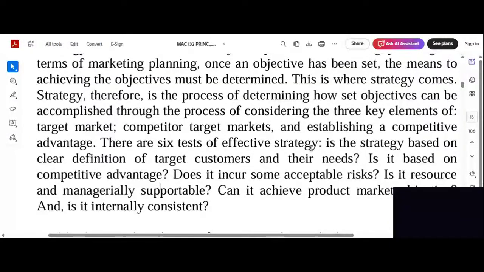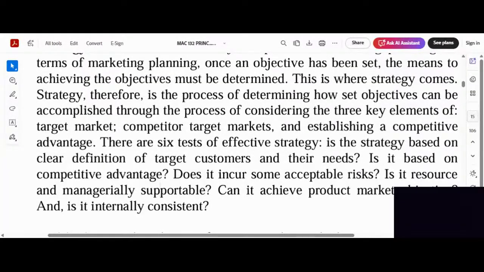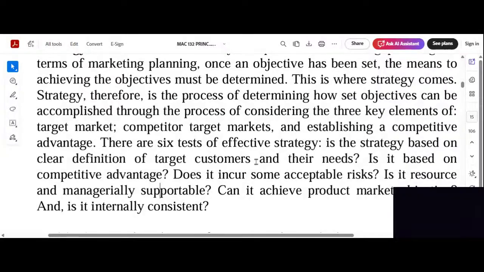To test your strategy, you must ask this question: is the strategy based on a clear definition of customers and their needs? What you are forming as a strategy, does it really define who your audience will be? In this case, we don't use audience, we use customers, target customers. Does it define your target customers and what they need?